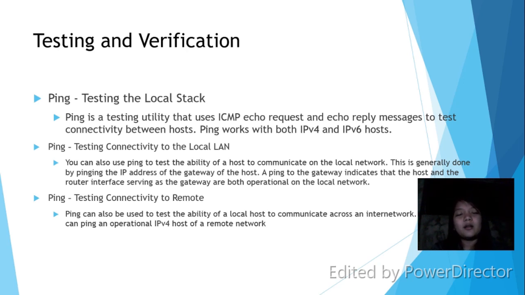If you want to test their connectivity, for example you use PC1 to test the connectivity between PC1 and PC4. You just type ping and the IPv4 address in the command prompt. If you get 4 replies, it means that you have connectivity.